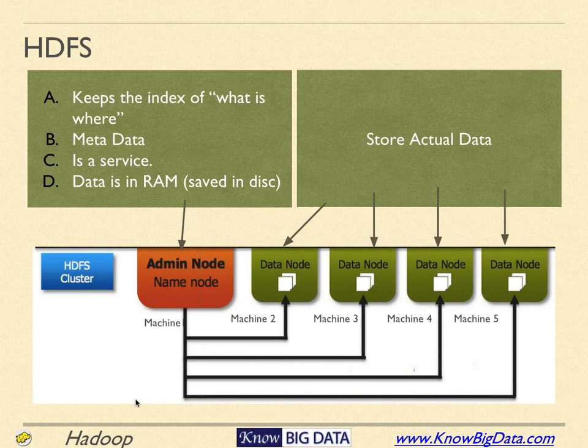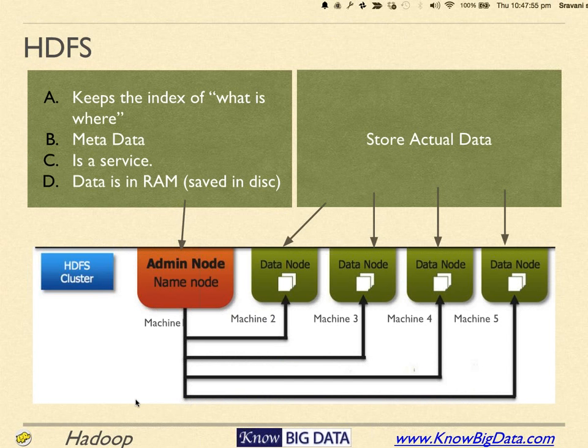HDFS contains two kinds of services: one is the admin node, the other is called the data node. These are services because they run as a network daemon on each machine, a network service listening to a particular port.